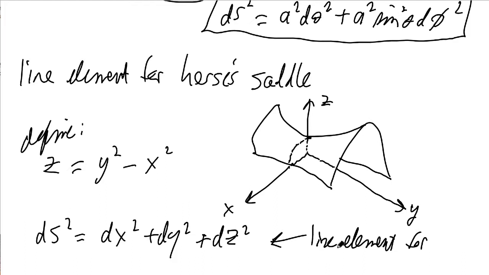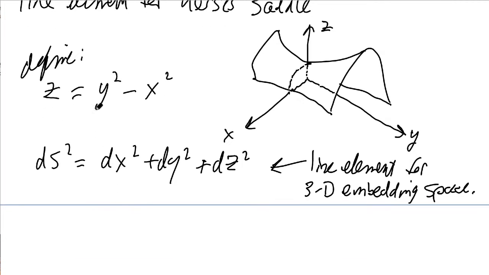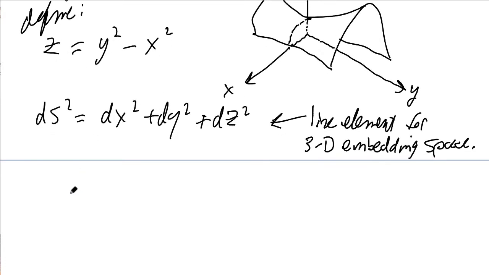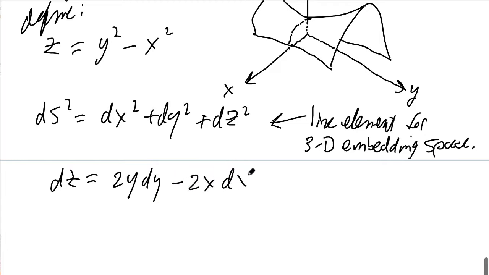This is the line element for the 3D embedding space. And now we can use this relationship to find dz in terms of dy and dx. All right, so dz is 2y dy minus 2x dx.